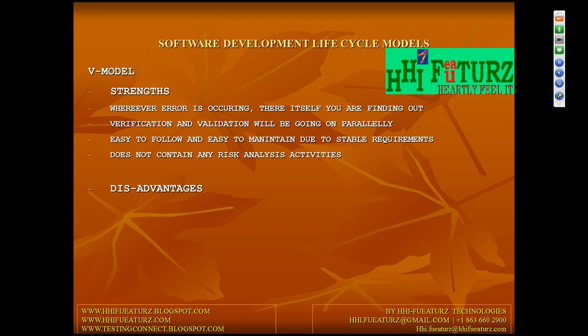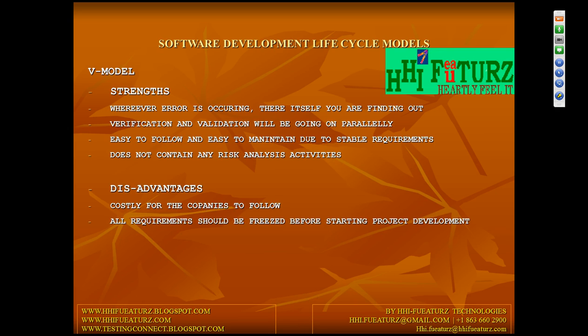It does not contain any risk activities, because you have stable requirements, so you don't want to take any risk. The disadvantage is that it's a costly model for the company to follow. Why? The whole team is present in all the phases, from the starting position to the ending stage.